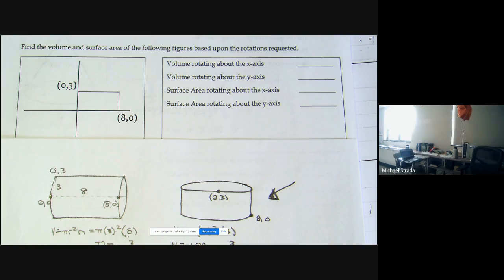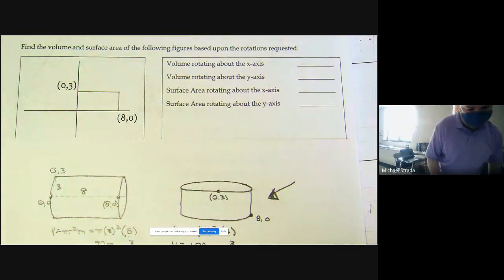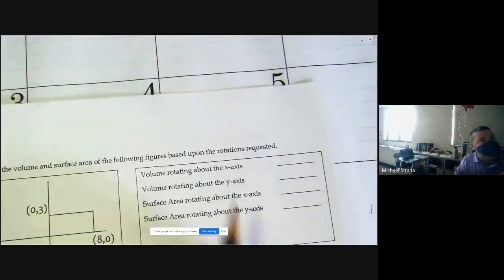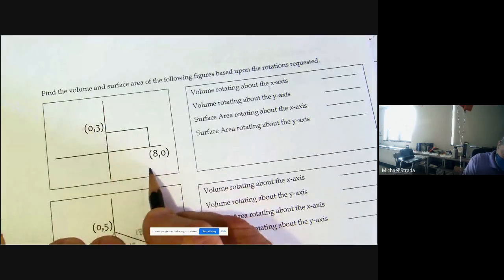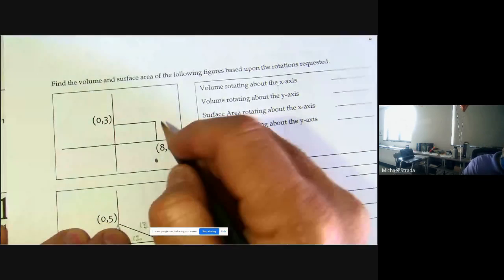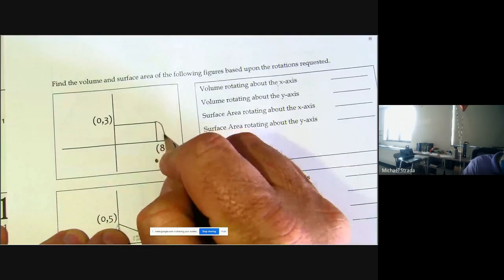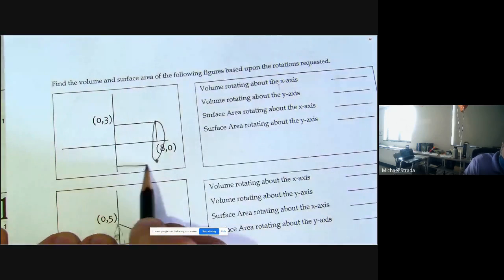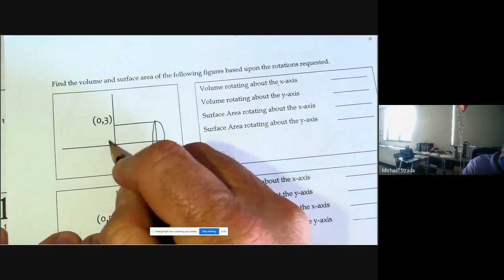So the easiest thing to do, for example, when it says rotating about the x-axis, is simply reflect that point over that axis, and then simply connect those with an arc or a semicircle. That'll give you an idea of which direction the cylinder is going.